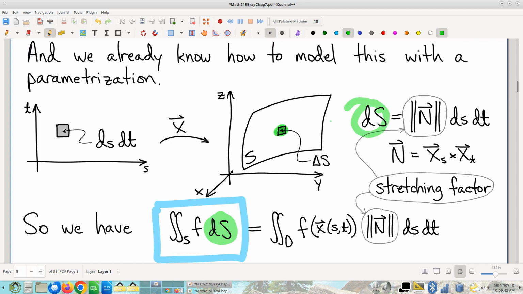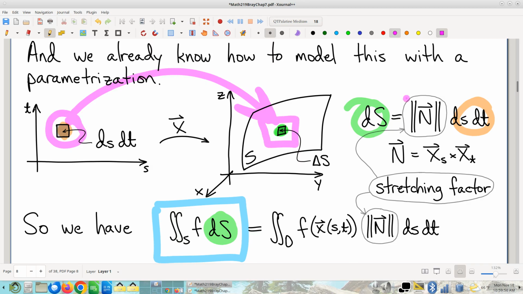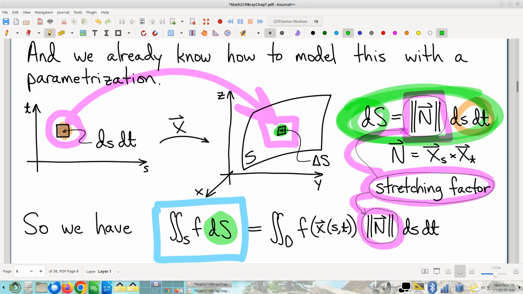The surface area relates to parameter area by way of a stretching factor that we have already computed. That stretching factor is the magnitude of capital N, and so that is what allows me to compute dS. Totally analogous to the line integrals.